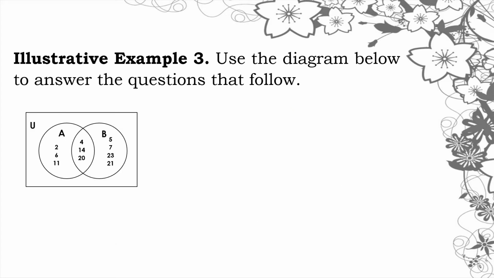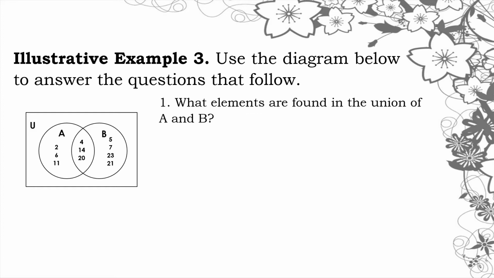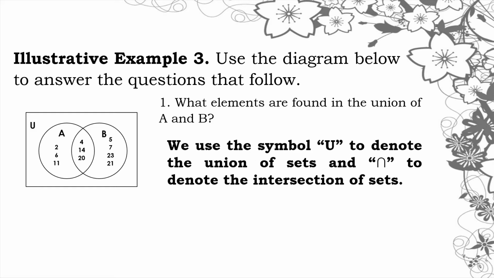Moving on to illustrative example number 3. Use the diagram below to answer the questions that follow. We have here the diagram. The first question is, what elements are found in the union of A and B? The union of A and B. Let's have this first.